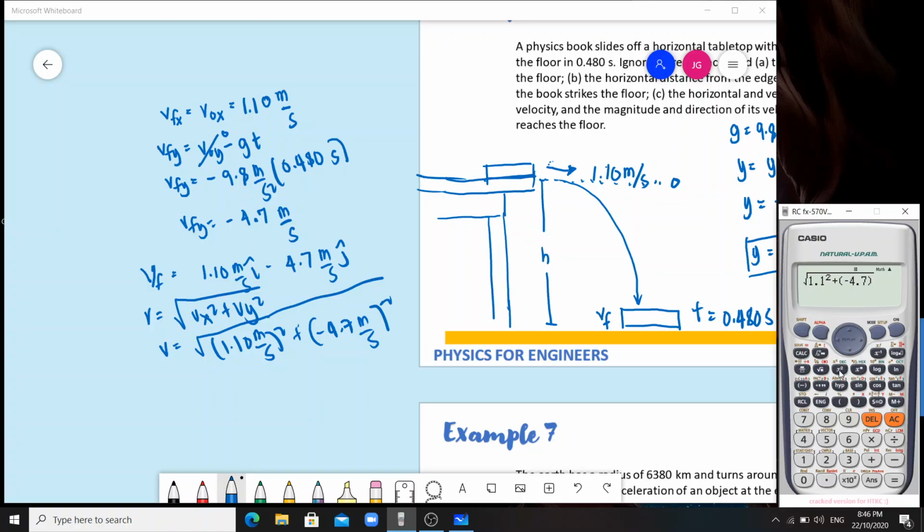That would be equivalent to 4.8. Okay. Velocity is 4.8 meters per second.